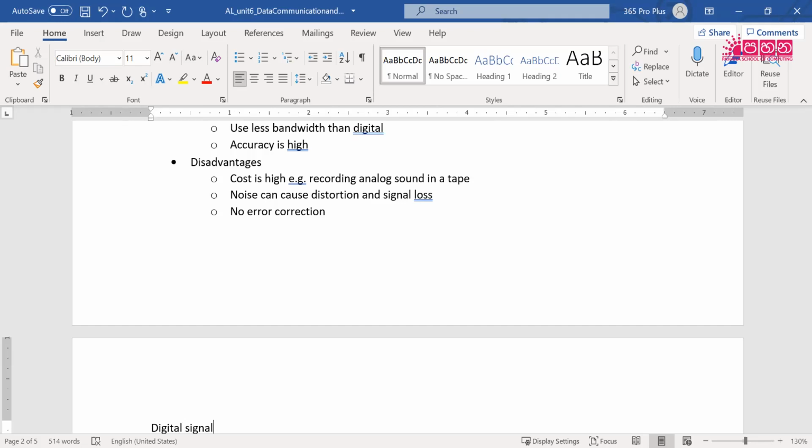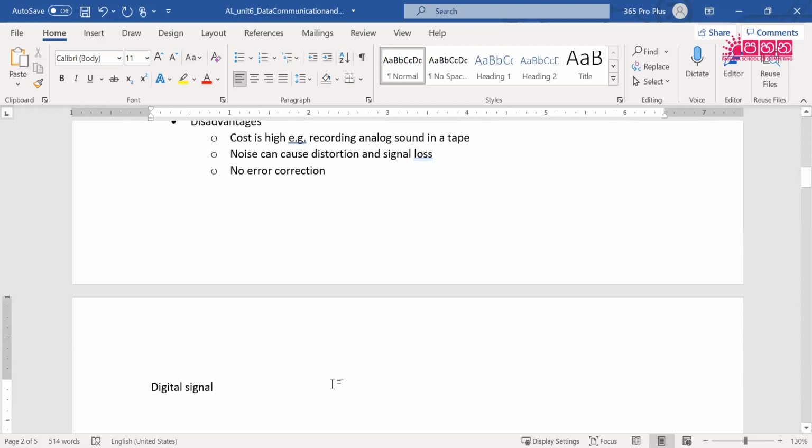In digital signals you have two discrete levels, and mathematically we say 0 and 1. The values are only 0 and 1. This is exactly how we represent everything inside the computer.